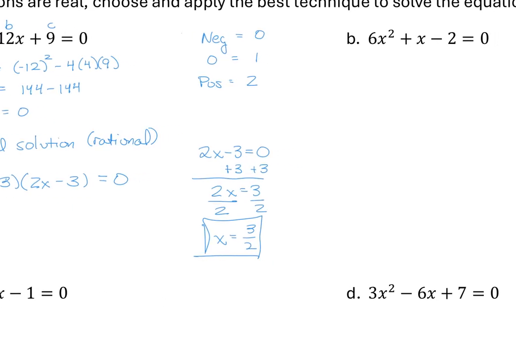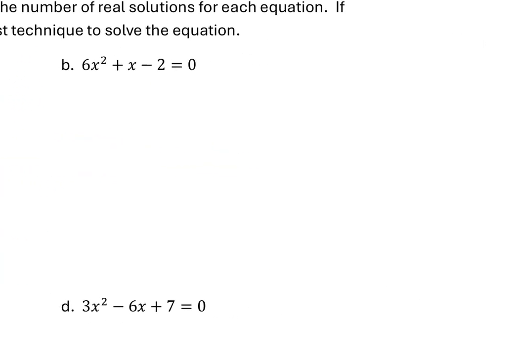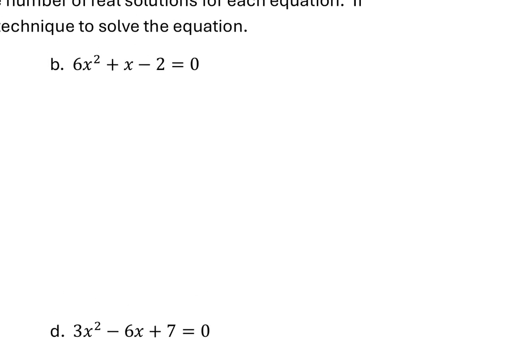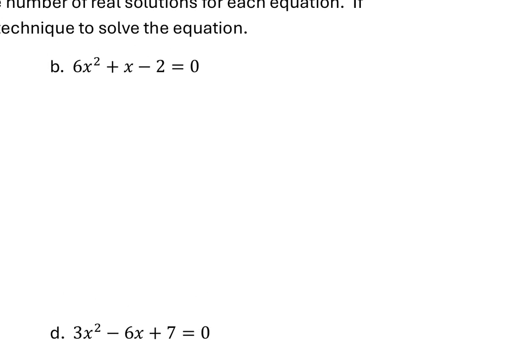All right, let's come over to example B. Let's go ahead and find our discriminant. So we get b squared minus 4ac. We get a is 6, b is 1, and c is negative 2.